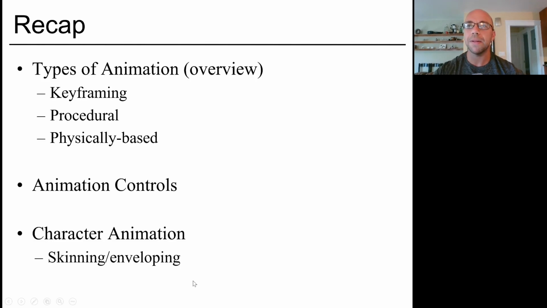Okay, so to recap a little bit for the end of lecture today, we covered a few different strategies for computer animation, including keyframing, procedural animation, and physically based animation, just the terms. And roughly in this course, we'll try to cover a little bit of each. And we talked about how people might define high-level controls for the animation procedure.